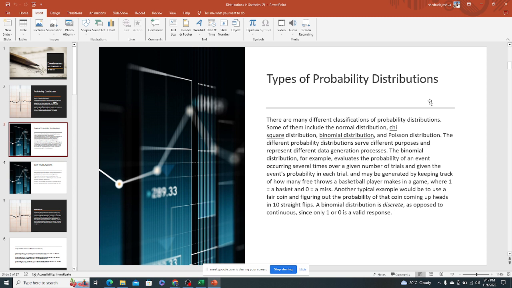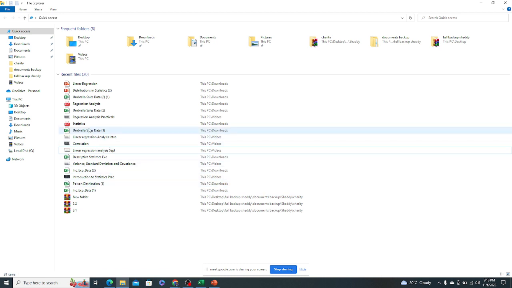It was a mixture of the inverse of the Poisson distribution and the normal distribution, that is the Gaussian Poisson distribution. All right.